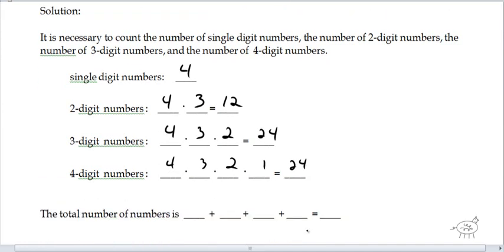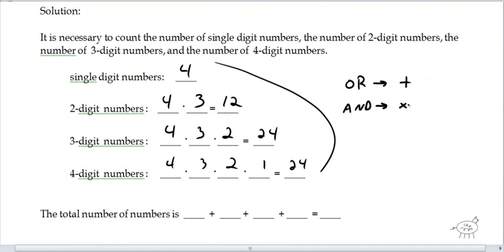So for the total number of numbers, I either have a single digit or a 2-digit or a 3-digit or a 4-digit. And remember, guys, OR means add, and AND means multiply. Really important.